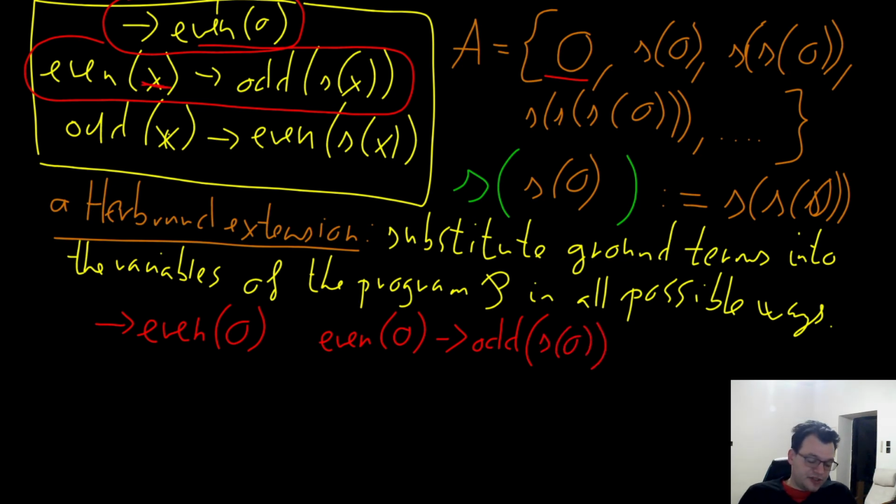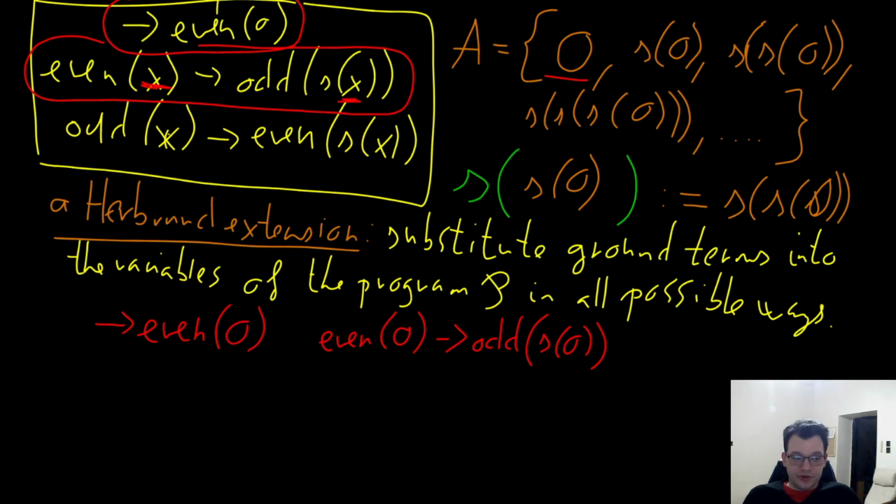So this x and this x denote the same. If you are doing one substitution, then you should replace the same x's within the same clause by the very same ground term. If you have an x and a y, then you can substitute ground terms in place of the x and in place of the y independently.